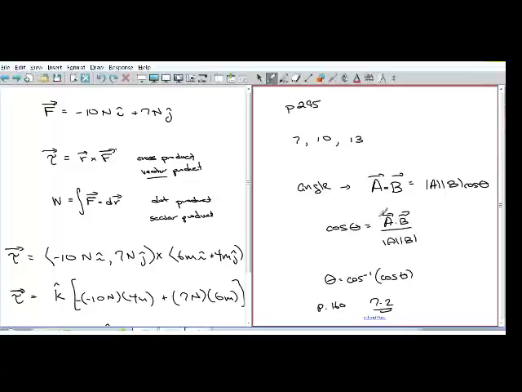They don't have it actually solved for the cosine of theta, but you can find the cosine by using this result. So the two vectors are going to be the r vector and the force vector. You can find the magnitudes by taking the square of the components and adding them together. And then the dot product, you have to go back and study that. So I'll let you figure that one out.